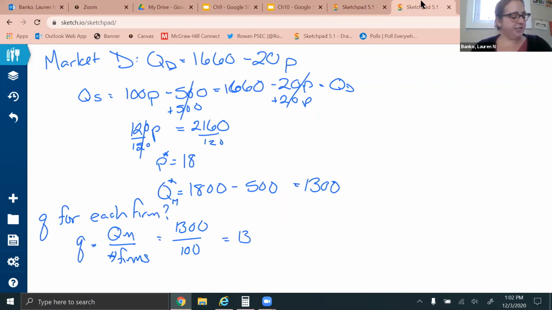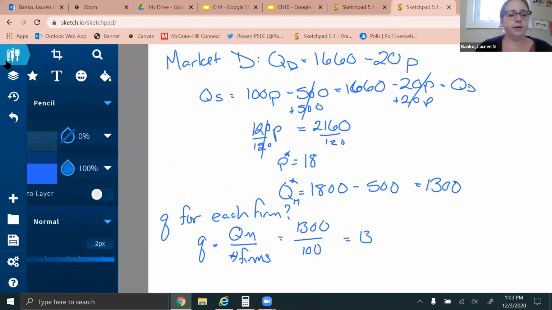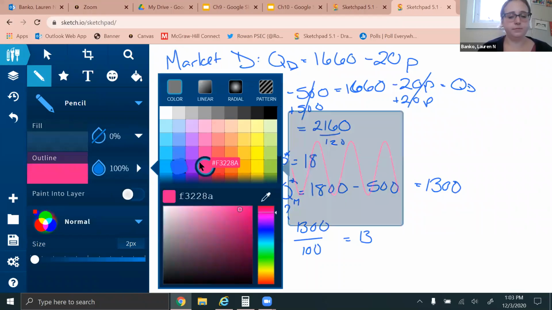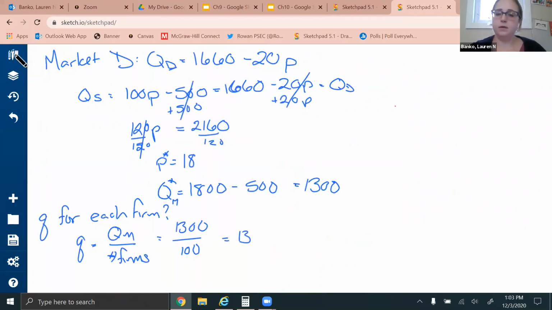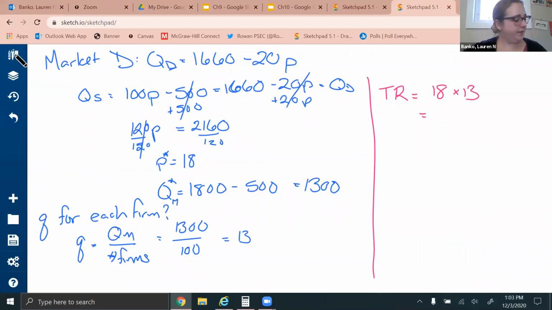Now, the last thing I want to do is just see if they're going to be making profit or not, or how much profit. So let me get a different color. Let's find revenue. It's price times quantity. So 18 times 13, and so this is 234.